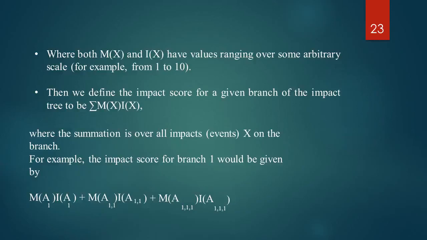Then we define the impact score for a given branch of the impact tree to be the summation of Mx times Ix, where the summation is over all impact events x on the branch.